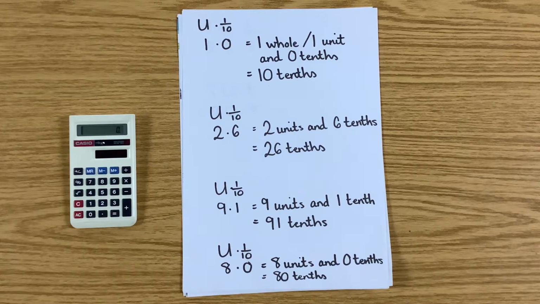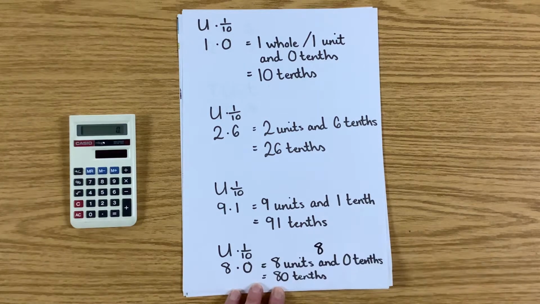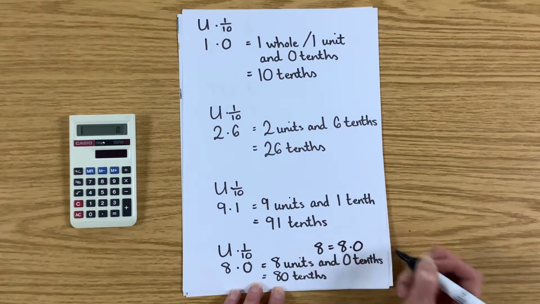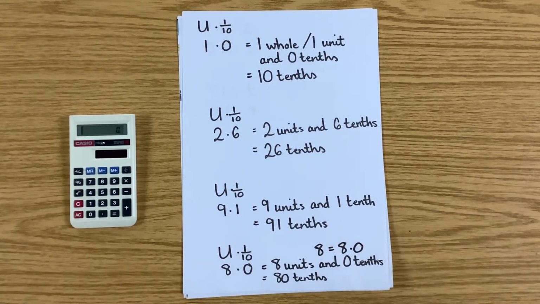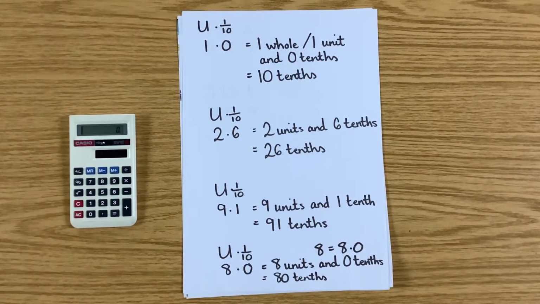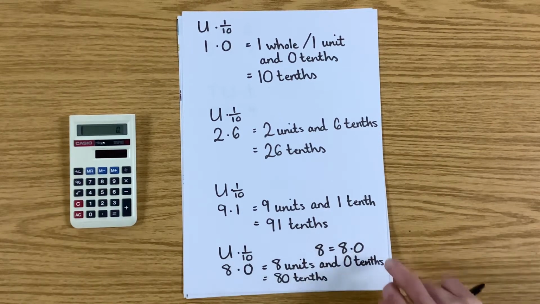For that one, I could also just write down the number 8 on its own. 8 on its own is exactly the same as 8.0. They mean the same thing. By putting .0 after a number, it just tells me that I haven't got anything extra. But I could leave that out. 8 and 8.0 are exactly the same as each other.